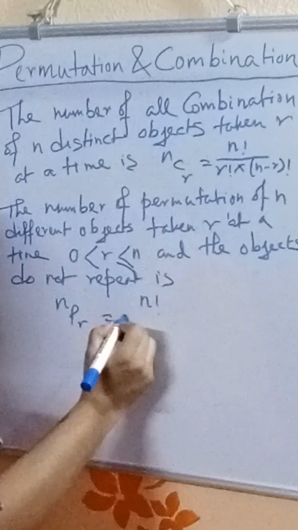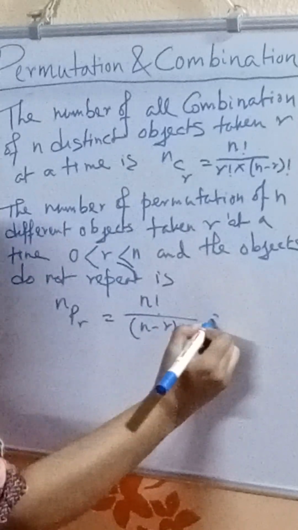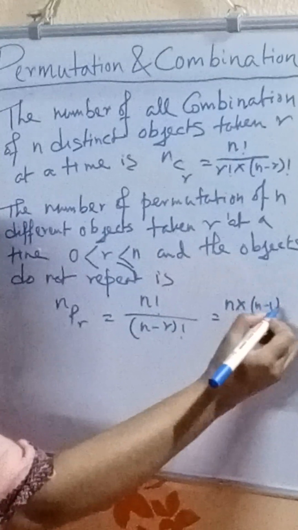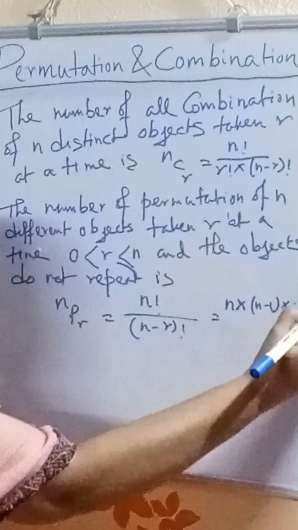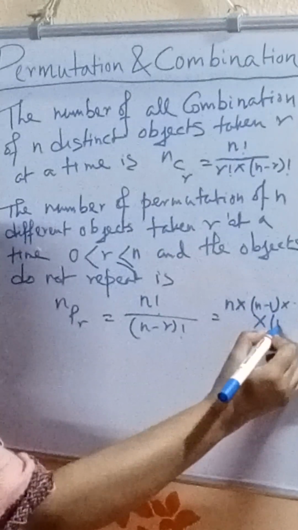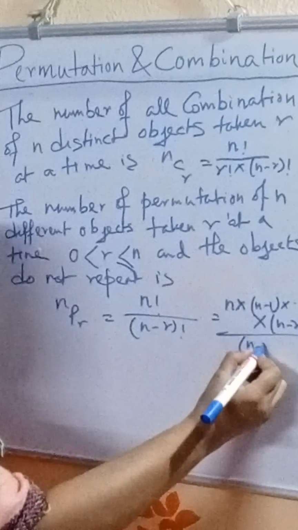The formula for nPr is n factorial by n minus r factorial, equal to n into n minus 1 into ... n minus r plus 1 into n minus r factorial by n minus r factorial.